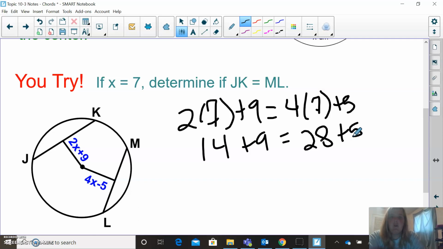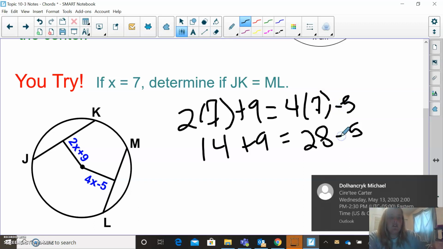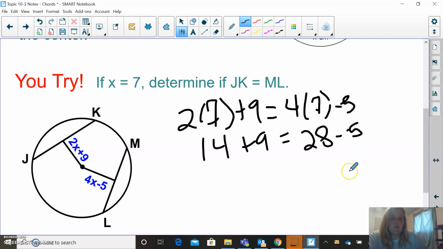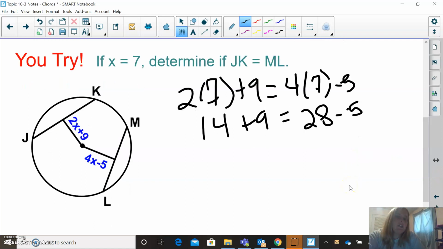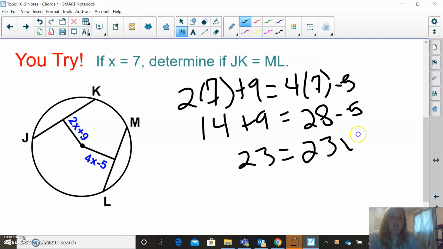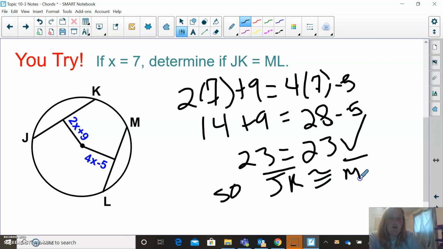Oh, it's minus 5, not plus 5. Oops, I made a mistake. It's all good. So 14 plus 9 is 23, and 28 minus 5 is 23. Check. So JK is congruent, or equal, to LM if x is equal to 7.